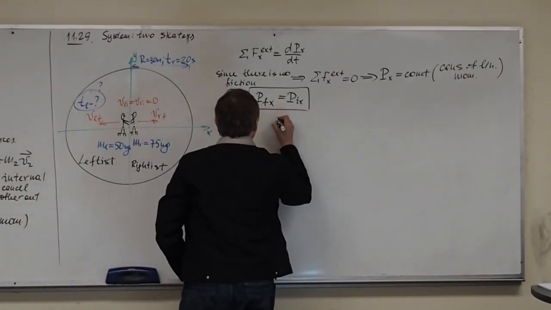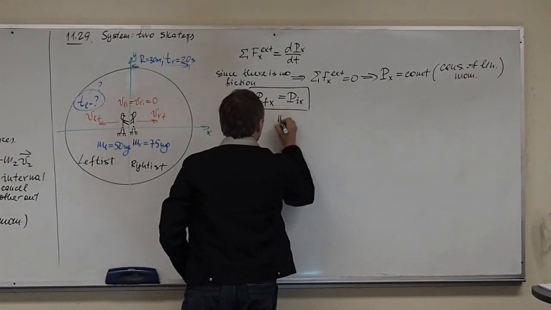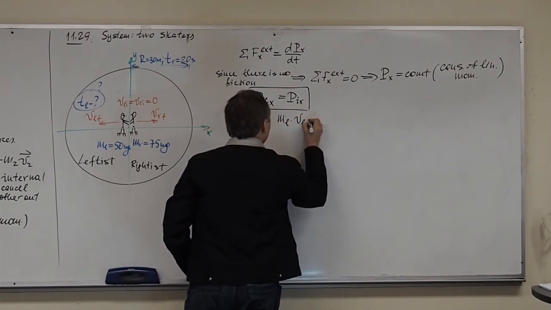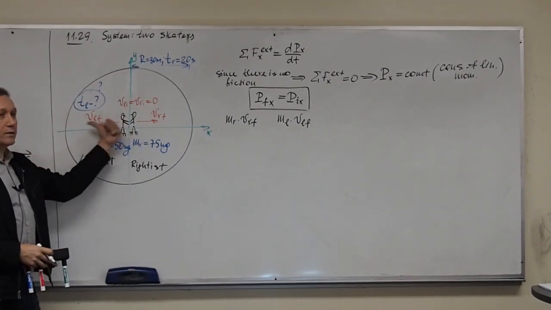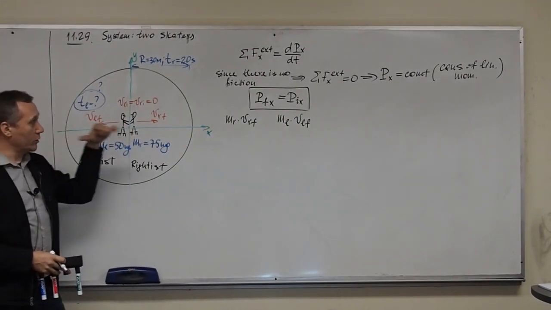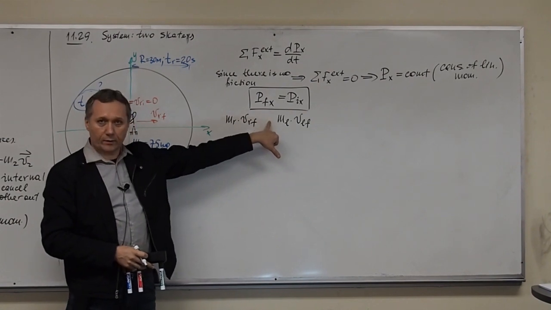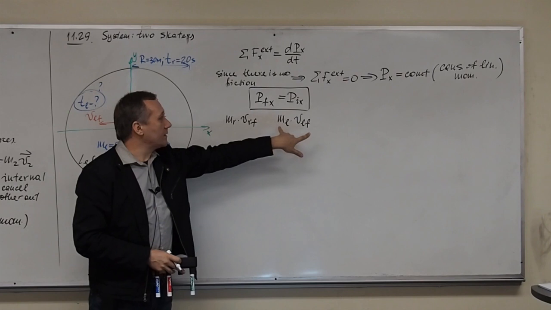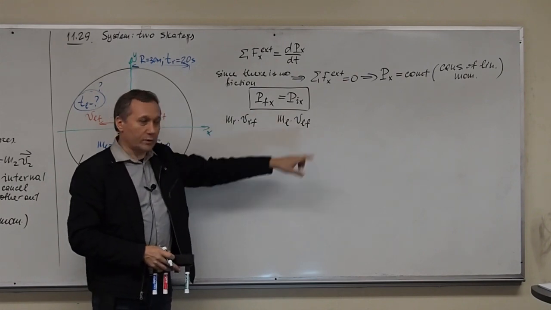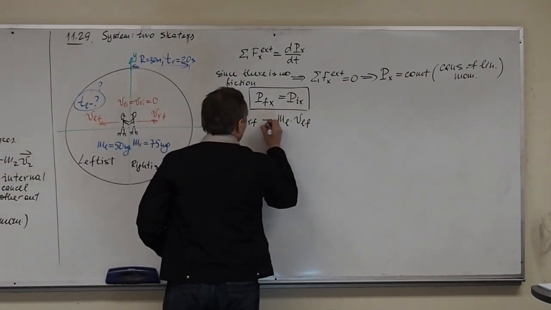Then, the contribution to the total linear momentum from the leftist: ML times velocity of the leftist final. And this guy travels in the negative x direction, so I have to put minus in front, right? Because velocity is negative and the linear momentum of the left person is also negative. So I will put minus.